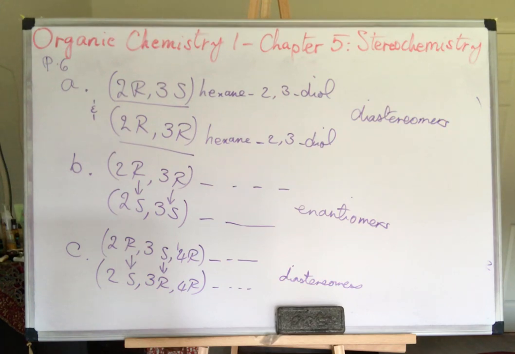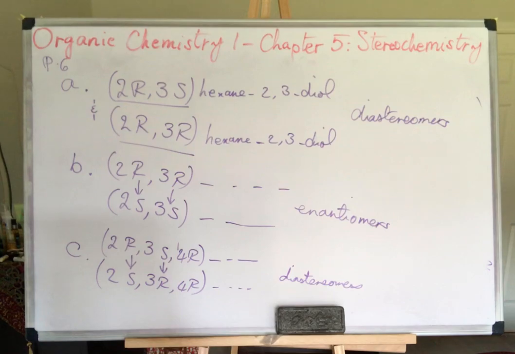Work on these two videos. Make sure you know everything. We are going to finish this chapter with the third video about mesocompounds, racemic mixtures, and finishing the properties of enantiomers and diastereomers.